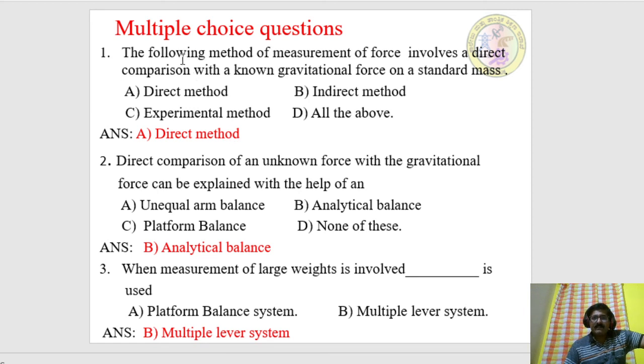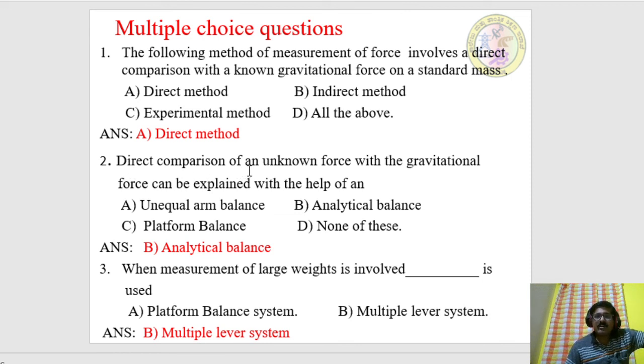For the direct method, it is a measurement of force involving direct comparison with a known gravitational force on a standard mass. Definitely this is the first method, the direct method of force measurement. The answer will be A.